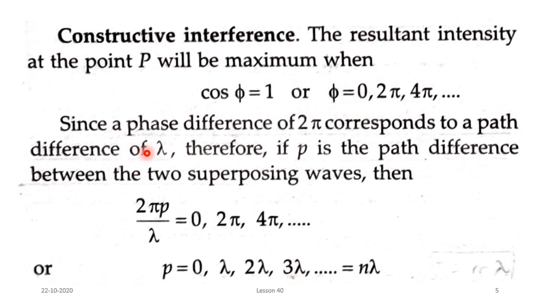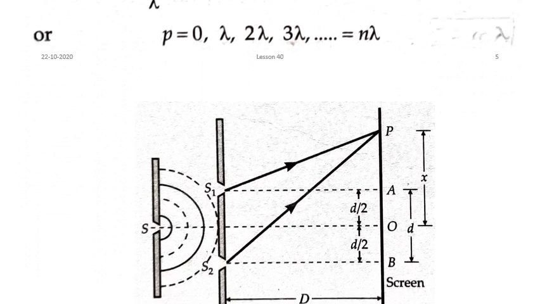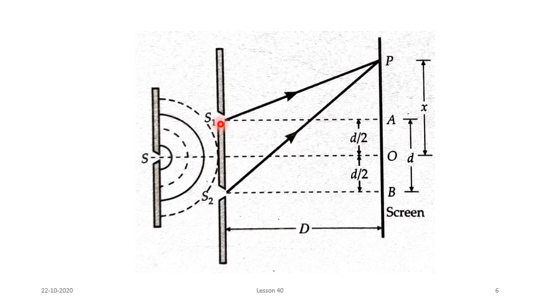Now what is a path difference? Suppose light is traveling from slit S1 to point P and light is traveling from S2 to point P. What you notice is that the light coming out of the slit S2 covers some extra distance. The extra distance covered by the light coming out of slit S2 is known as the path difference.